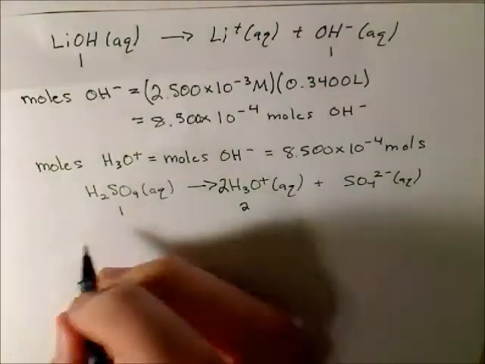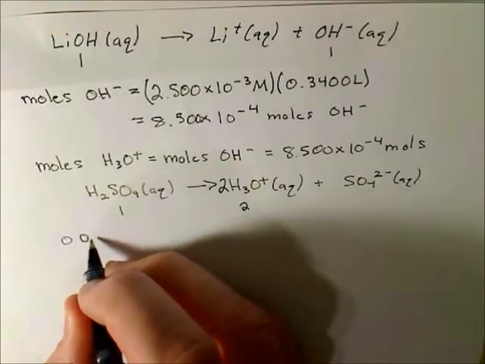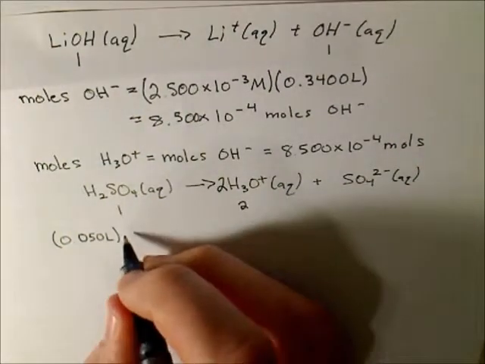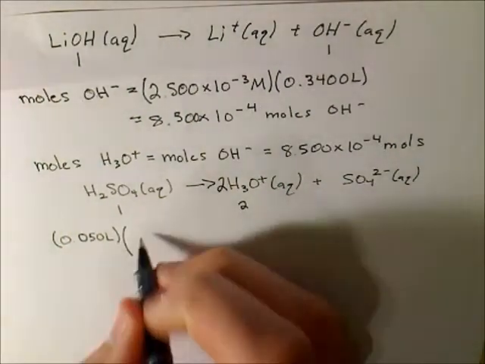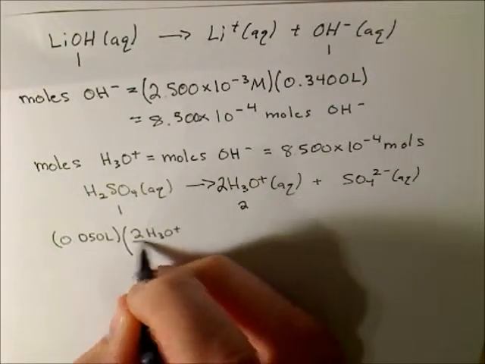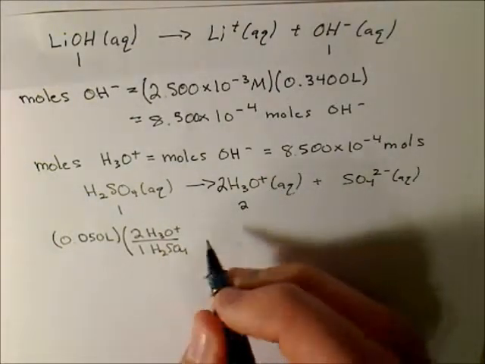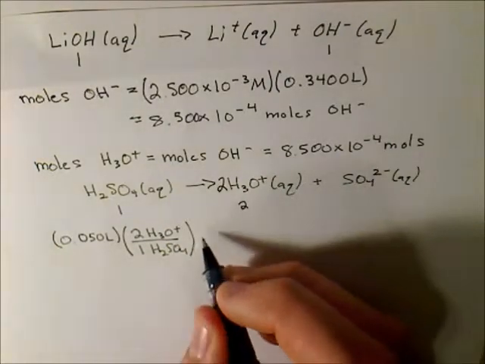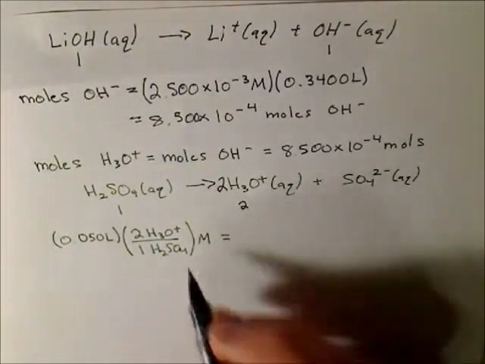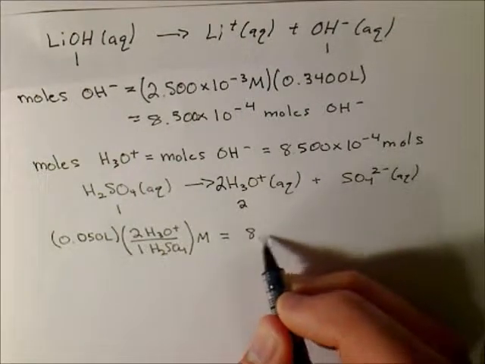So we have 0.050 liters of H2SO4, and we have 2 H3O plus per 1 H2SO4. Now what we're looking for is the molarity, and we multiply that by this stuff so it equals the moles of base.